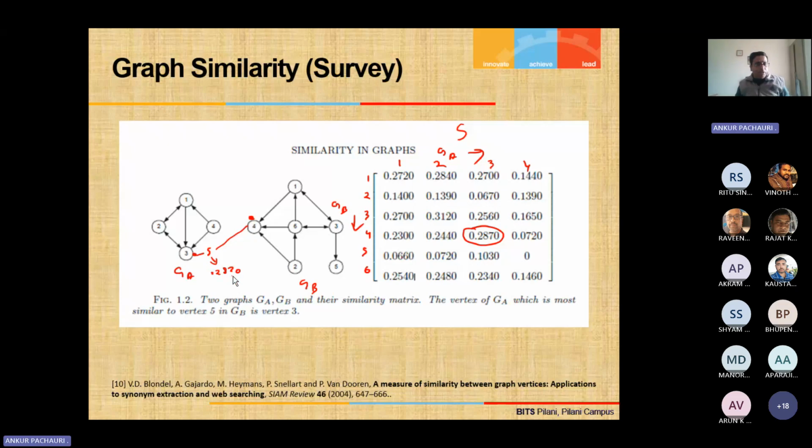Based on what? Based on the neighborhood of node 3 and the neighborhood of node 4 itself. Clear? So this is the final output value after the iterations have converged.